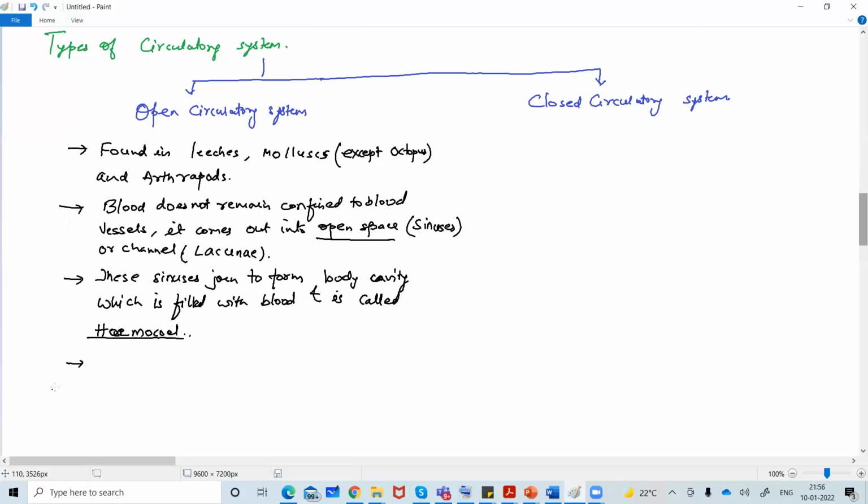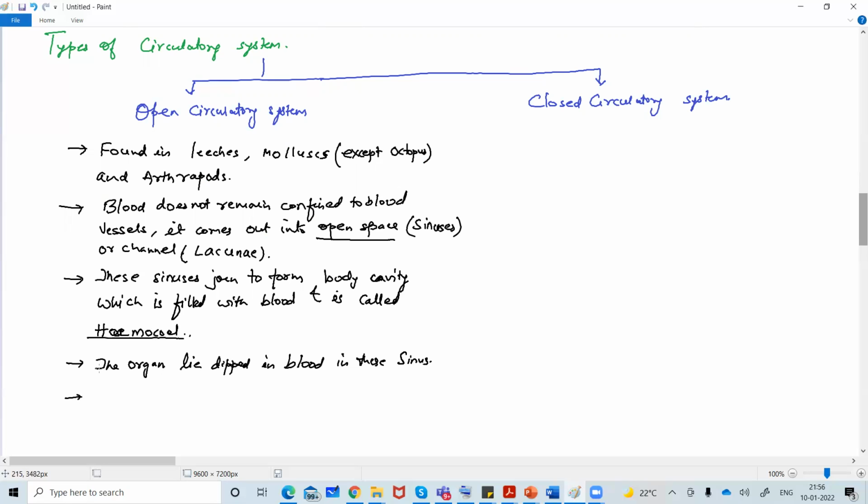Next, the organs or the tissues are present near the sinuses. They get all the nutrients from the open area, that is the cavity. So next point, the organs lie dipped in blood in these sinuses, and in this way the exchange will take place. So there is a direct exchange.